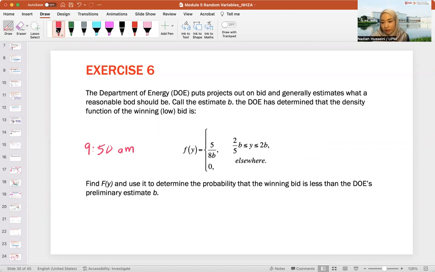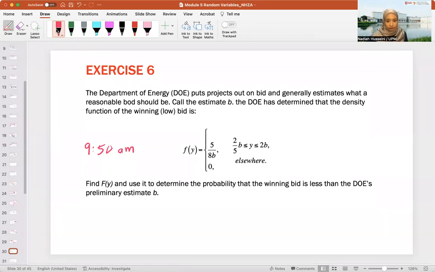lucky person? Muhammad Hakimi. How many intervals do we have? How many intervals do we have? Two. Sorry, for the cumulative distribution function, how many intervals?